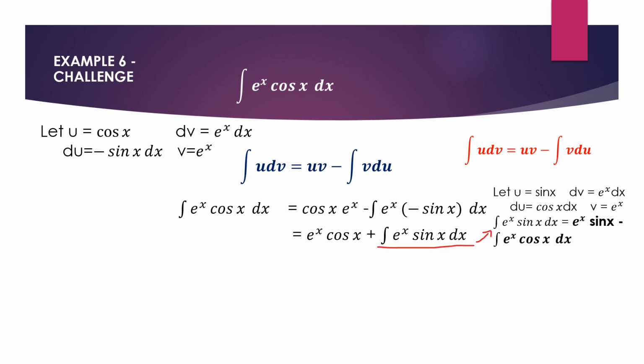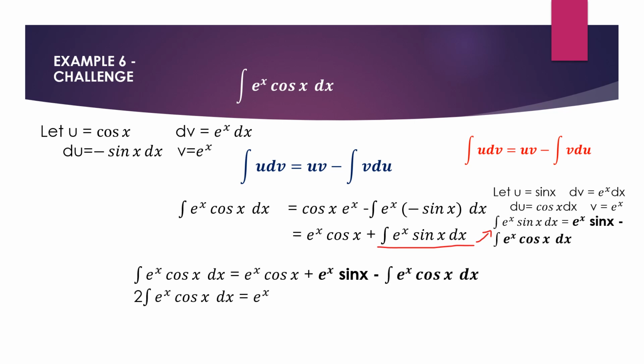But hold on. If we substitute the integral e^x sin x dx with the right part, we will get integral e^x cosine x dx equal to e^x cosine x plus e^x sin x minus integral e^x cosine x dx.